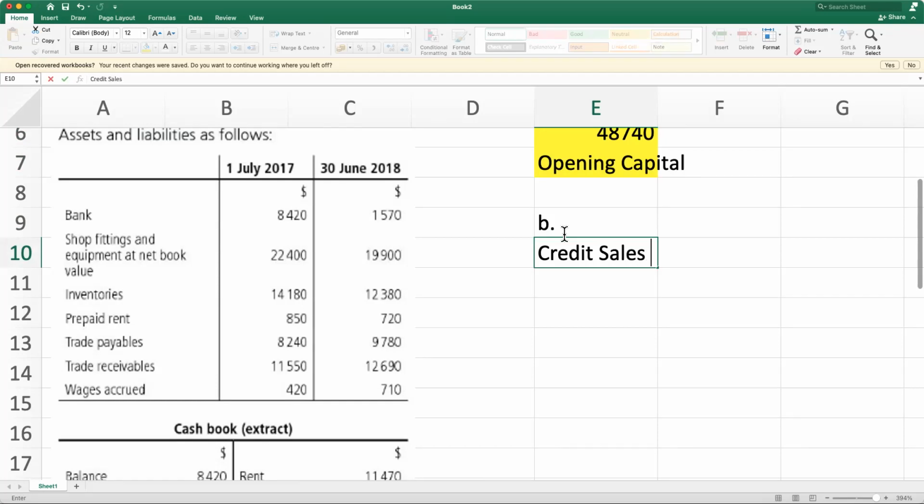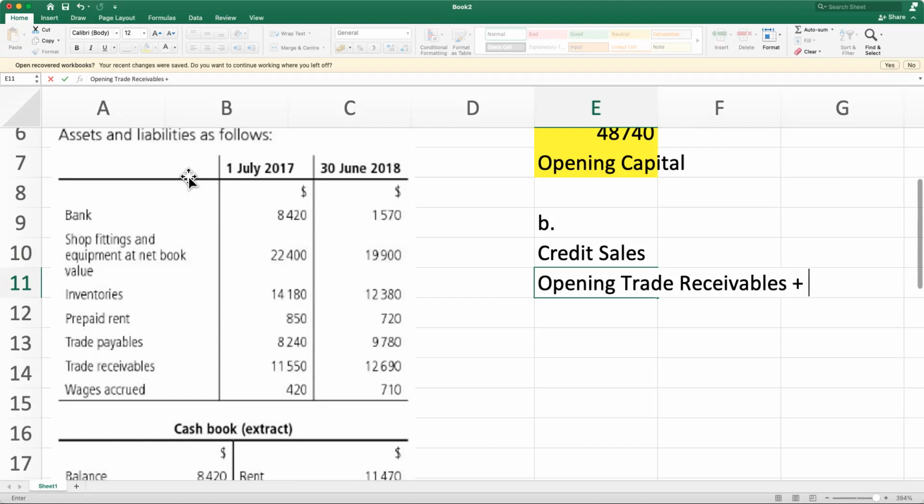For credit sales, if you know what happens, you can actually use the unknown method, whereby we start with opening trade receivable. Then you progress by adding and subtracting to get your closing trade receivable.